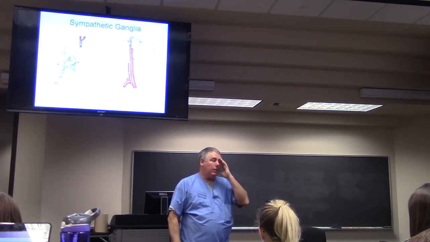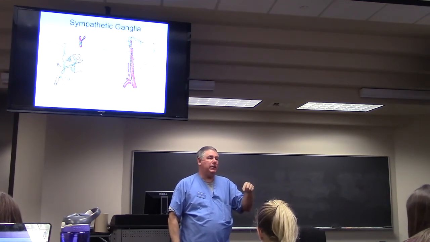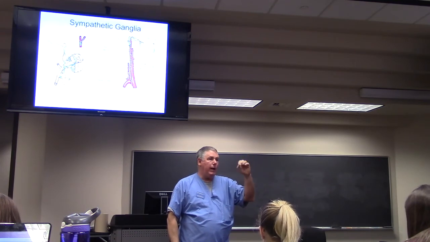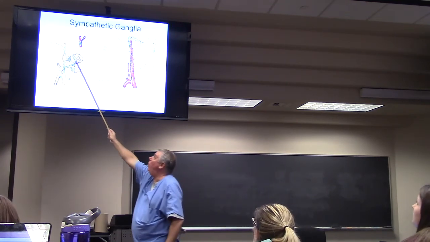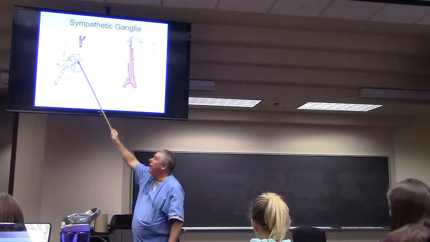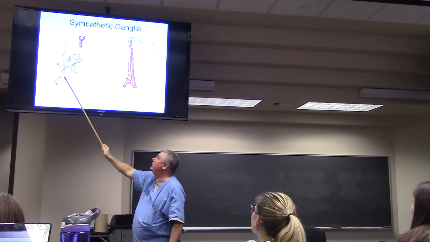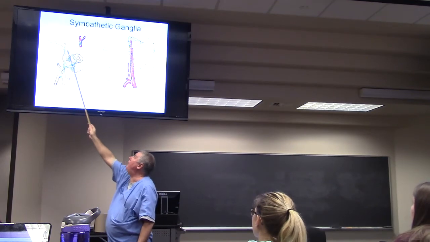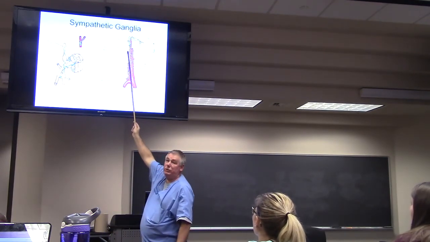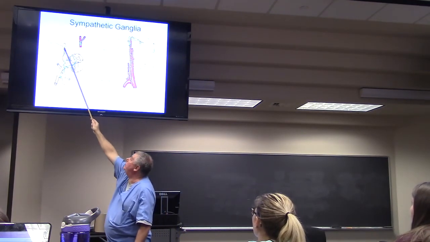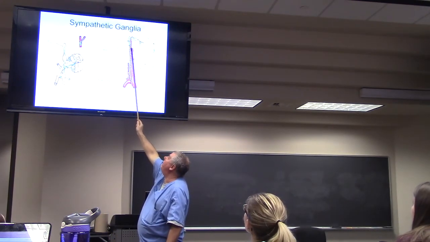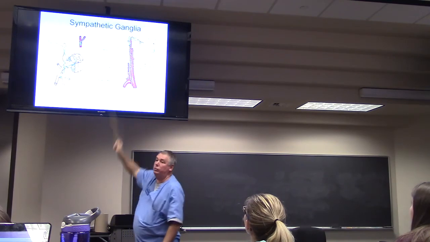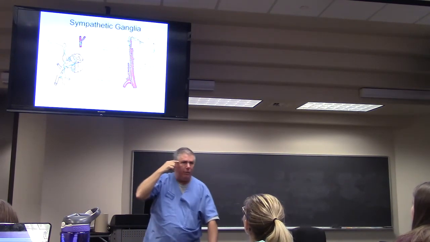Okay. So here's how you get the sympathetics to the dilator pupillae. The preganglionic is at T1. It comes out, enters the white ramus, does not synapse, goes up to the superior cervical chain ganglion where it will synapse right there. That postganglionic comes off of there, goes up through the internal jugular, enters the cranial vault.